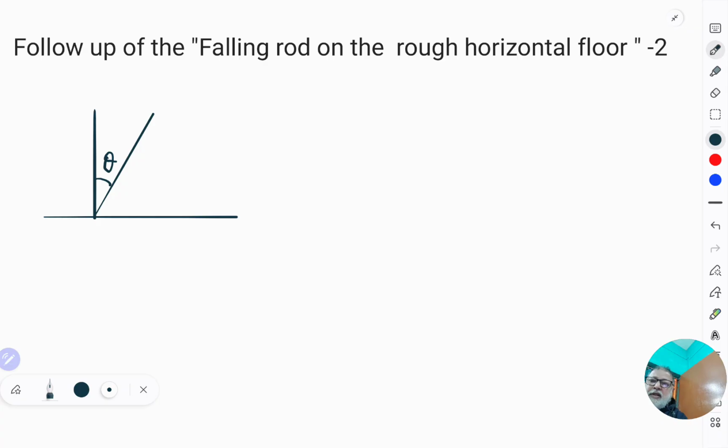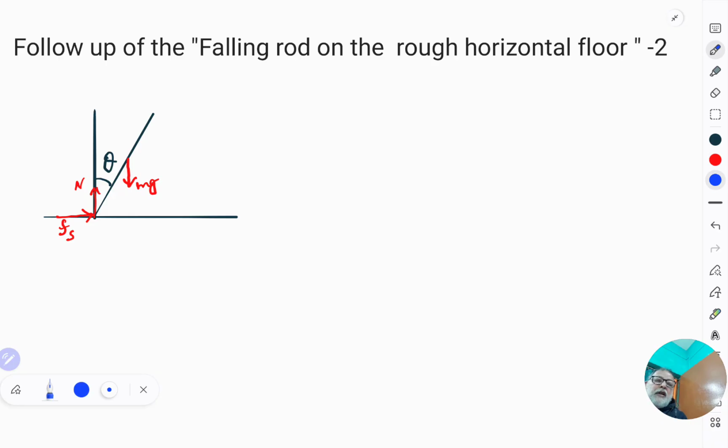And to investigate this normal reaction acting on the rod, let us recall the different forces and motion that we had examined so far. We said that the forces it is experiencing are the real forces mg, the normal reaction N, and Fs, the static force of friction.